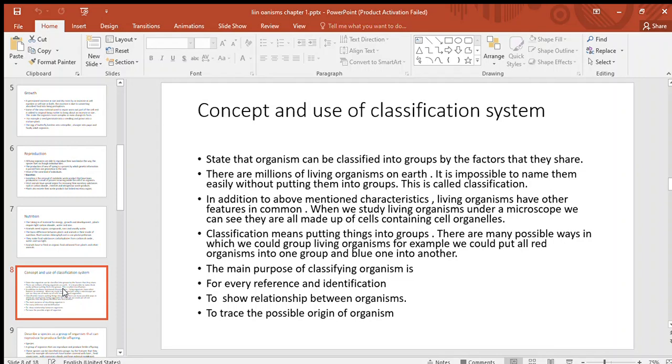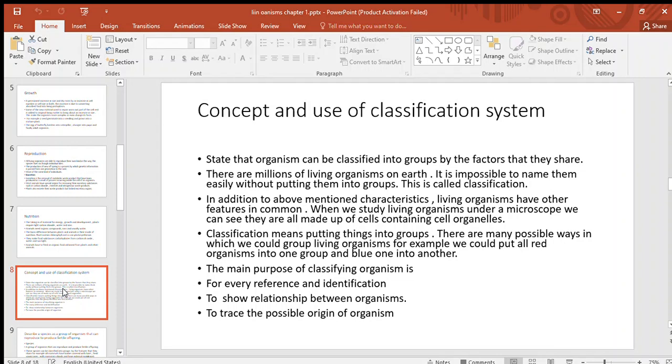Classification means putting things into groups. There are many possible ways in which we could group living organisms. For example, we could put all red organisms into one group and the blue organisms into another group. What is the main purpose of classifying organisms? The main purpose is for easy reference and identification, so that we can find them easily.